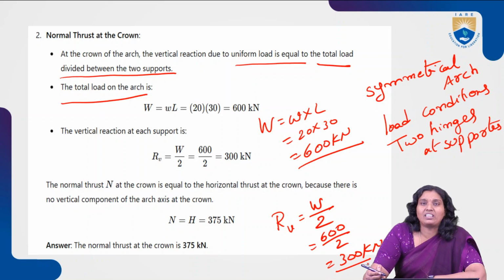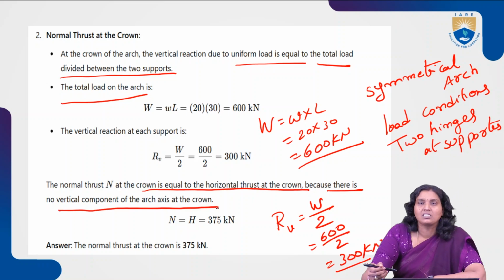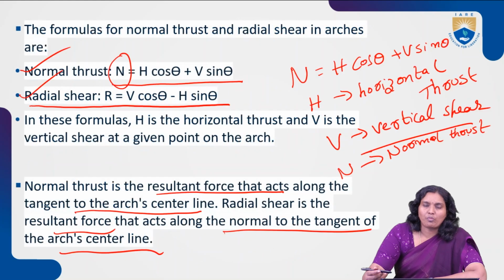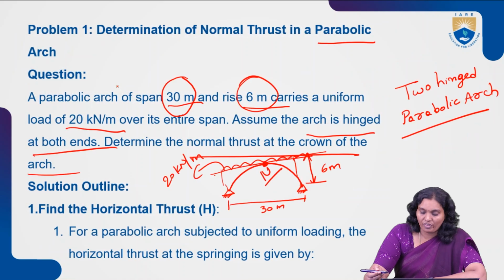So the normal thrust at the crown is equal to the horizontal thrust at the crown, because there is no vertical component of the arch at the crown. The normal thrust formula is N = H cos theta plus V sin theta.